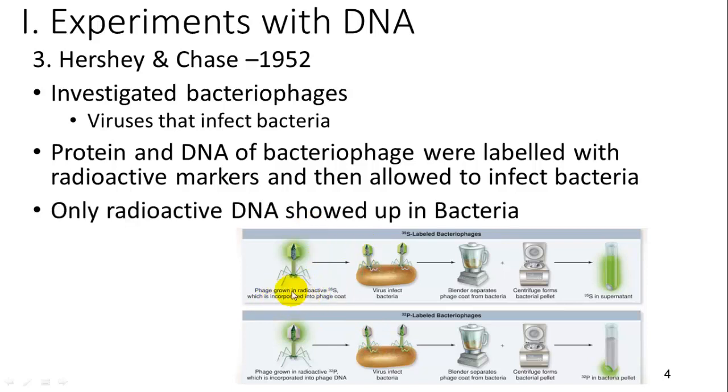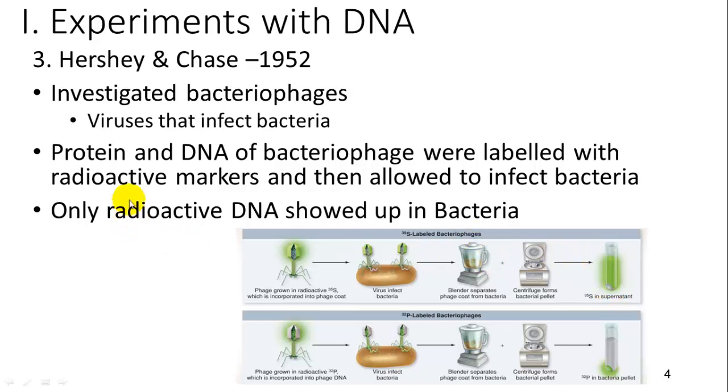In one experiment, he used sulfur, which would attach to the protein part of the virus. When he looked at the bacteria that were infected, that protein was not within it.